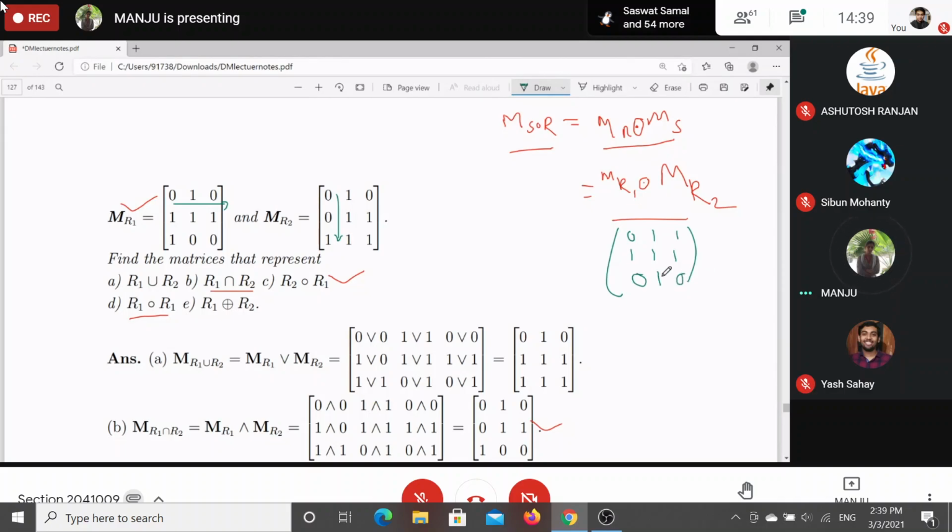Clear? Yes, ma'am. Similarly, calculate the matrix corresponding to R1 composition with R2.